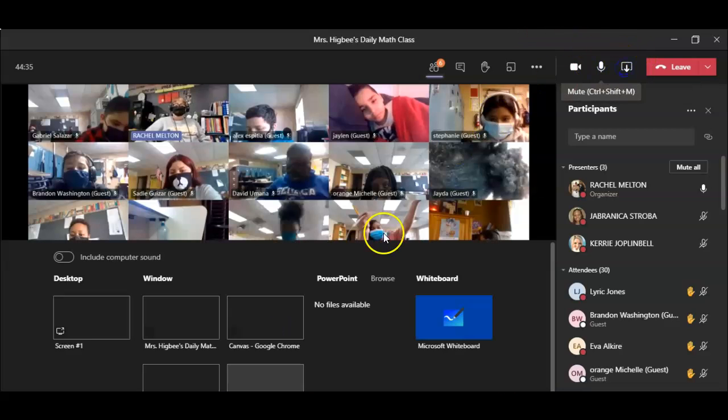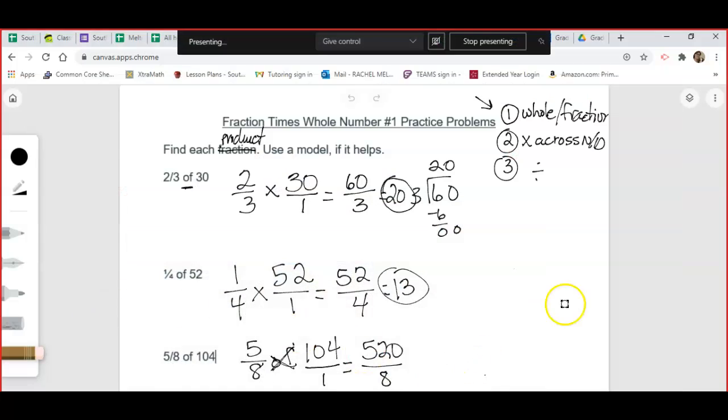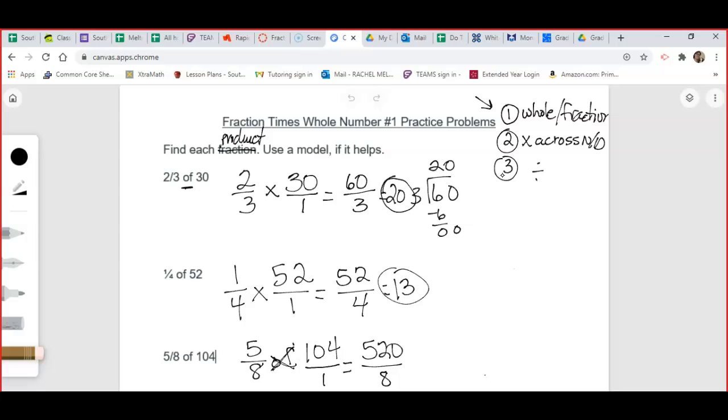Alright, so let's go back to that. To 520 divided by 8. Okay? Come on. More work to do. Okay, I need everyone to mute, please.